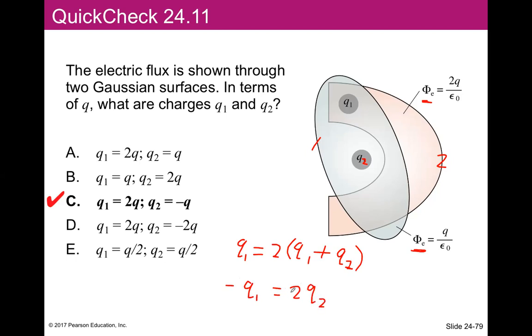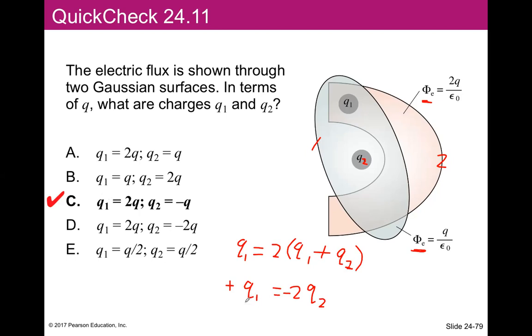Then Q1 equals negative 2 Q2. So one possible solution is C.